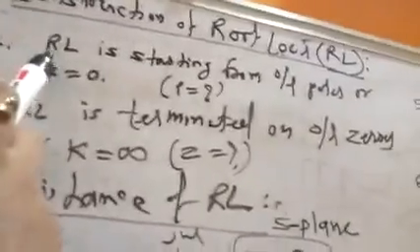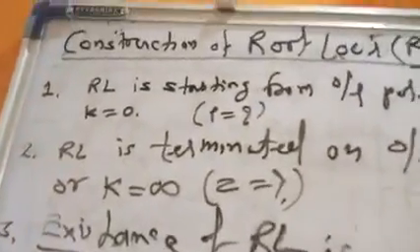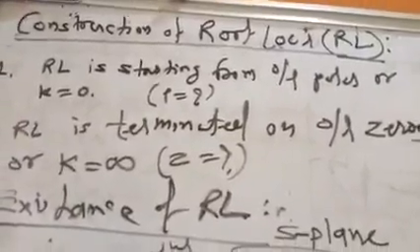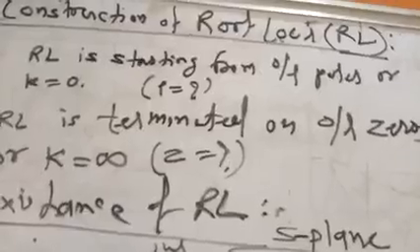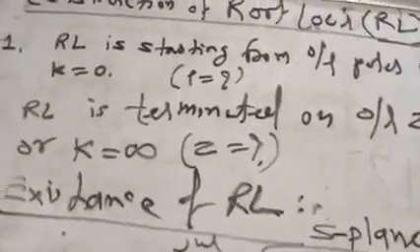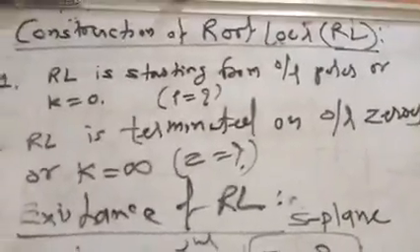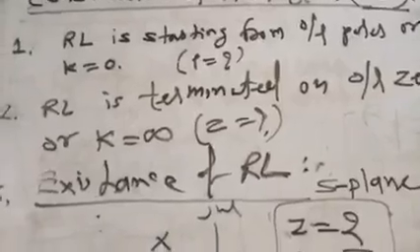The first is that the root locus starts from the open loop poles, or from K equal to 0. So in any question, first determine the open loop poles and open loop zeros.